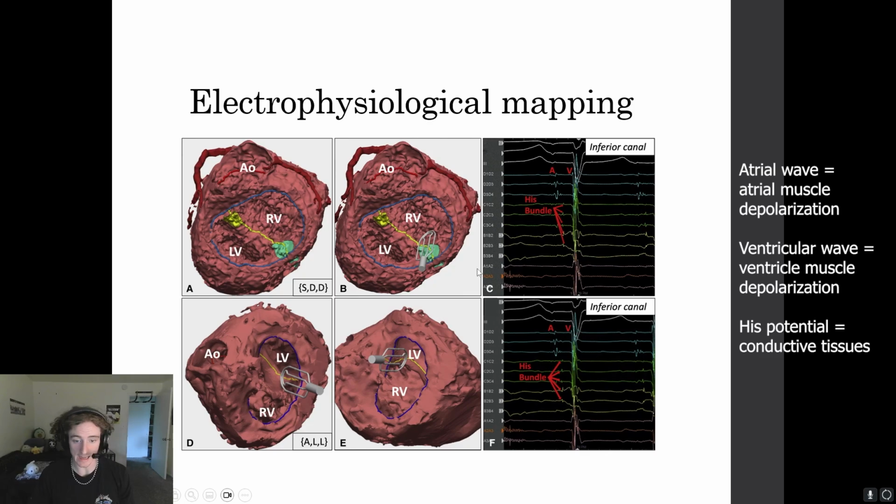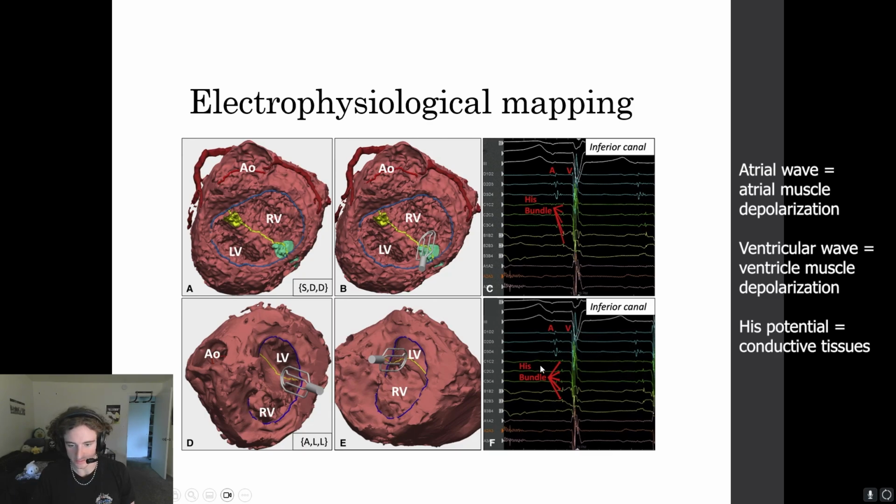You're going to see an atrial wave and a ventricular wave, but then in the middle is going to be that His bundle potential, which is what they're looking for. So by seeing the His bundle potential in the C and B, right in the middle, you would know that there's conductive tissue right here.